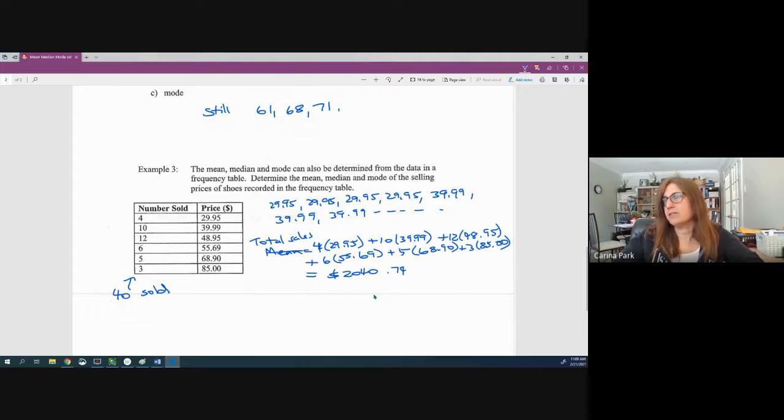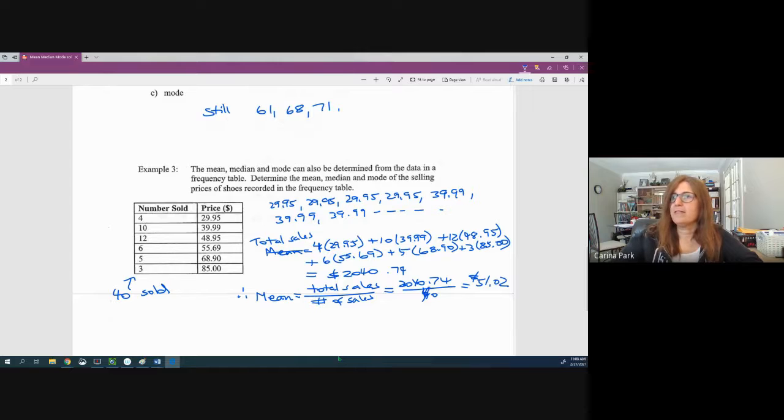And so the average price that they sold, or the mean, is the total sales divided by the number of sales, or the number of pairs of shoes. So that's 2040.74 divided by 40. And that gives us an average sale price of $51.02.